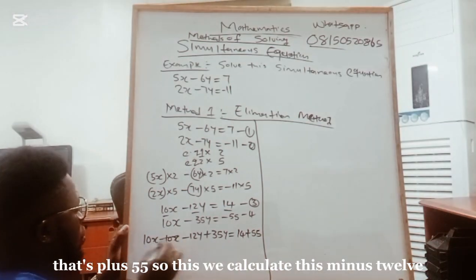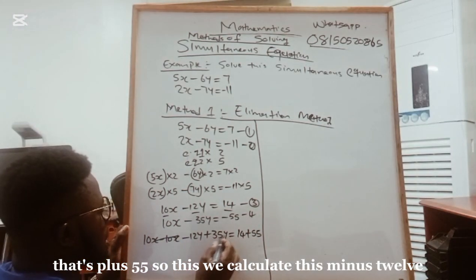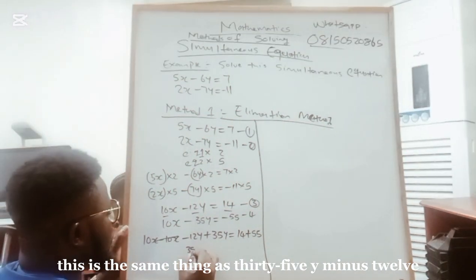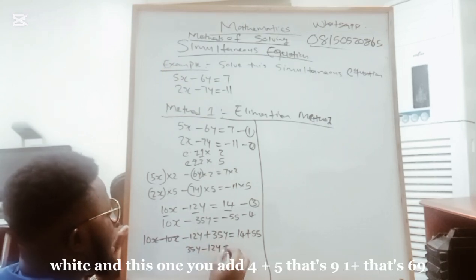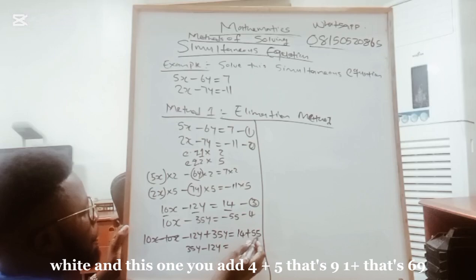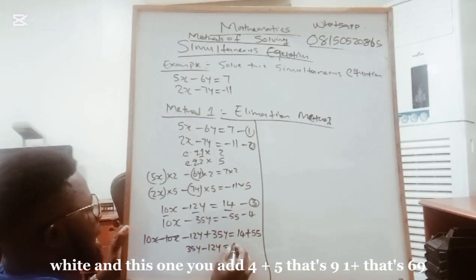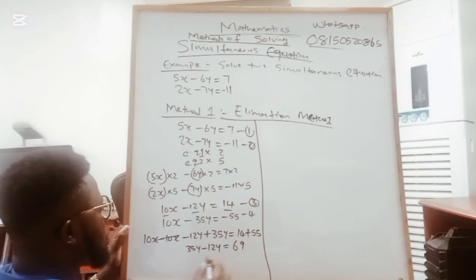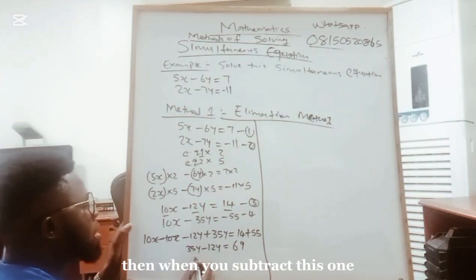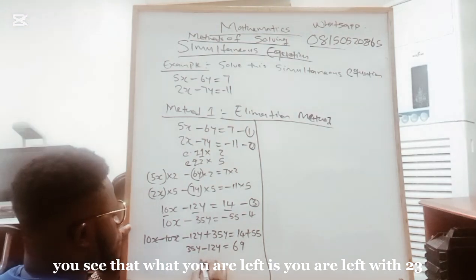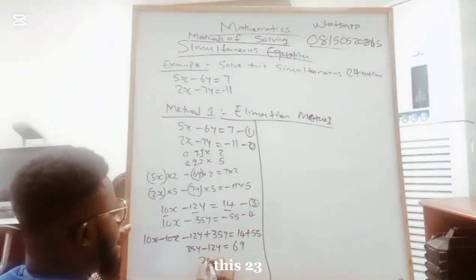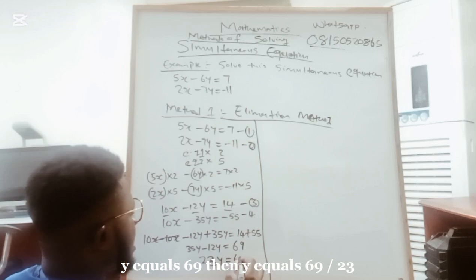So we cancel the x terms. Minus 12y plus 35y, and on the right you add 14 plus 55, that's 69. When you subtract, what you are left with is 23y equals 69.